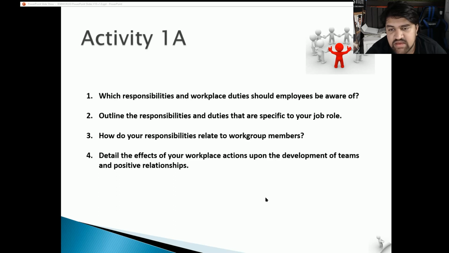Activity 1A. Which responsibilities and workplace duties should employees be aware of? So if we're thinking about this question, there's so many, right? So we'd want to maybe pick 4 to 5 examples.